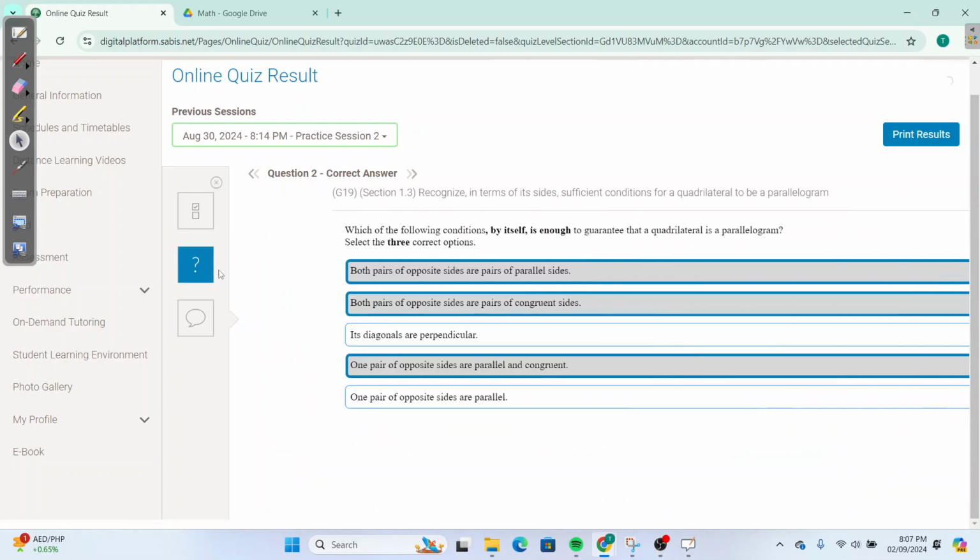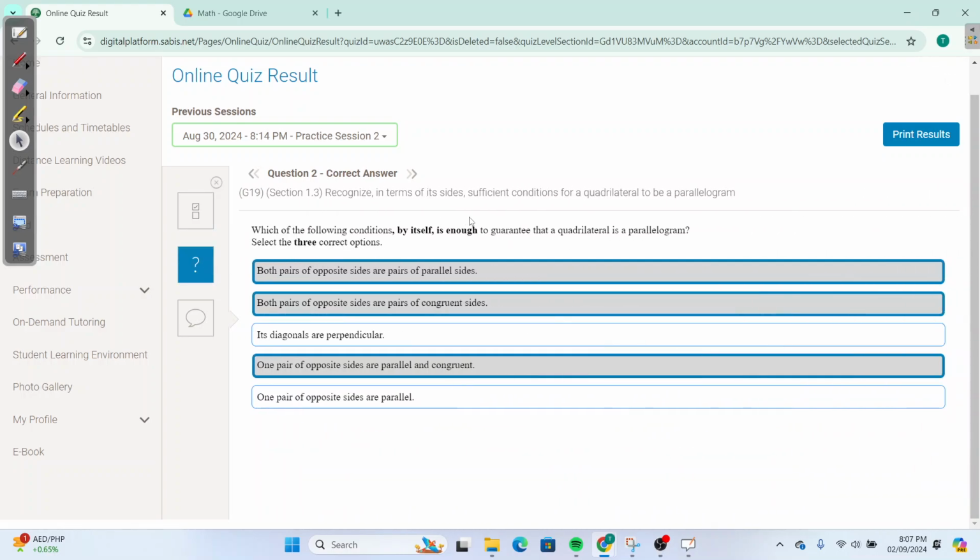Okay. Which of the following by itself is enough to guarantee that the quadrilateral is a parallelogram? Select the 3 correct options. So this again is memorization. Both pairs of opposite sides are pairs of parallel sides. That's correct. Both pairs of opposite sides are pairs of congruent sides, and one pair of opposite sides are parallel and congruent.